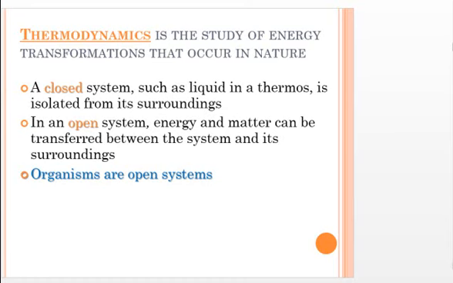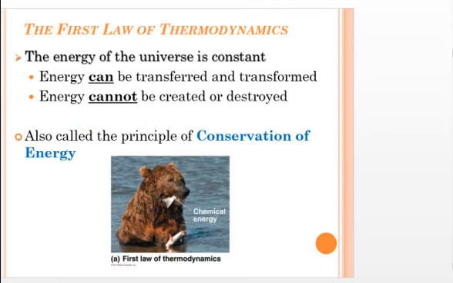Let's take a look at some of the different laws of thermodynamics. The first law is that energy can be transferred and transformed, but it cannot be created or destroyed. This is also called the conservation of energy. When you're discussing something like photosynthesis, where photosynthetic organisms take in solar energy and convert it into chemical energy in the form of glucose, this is a transformation.